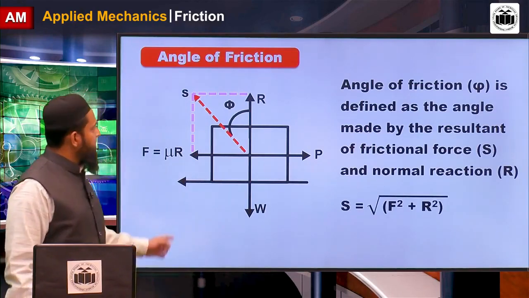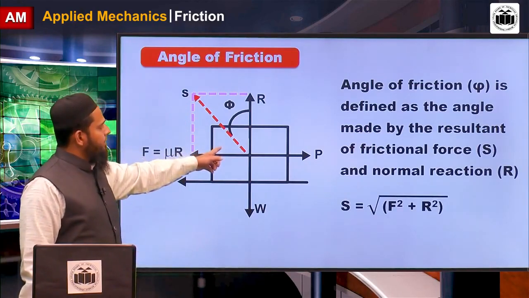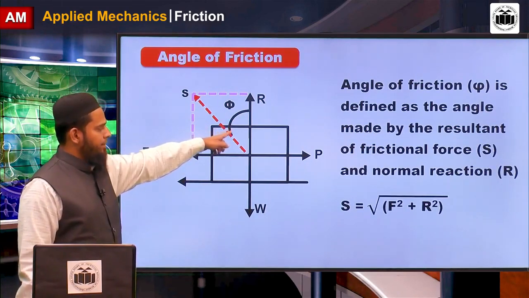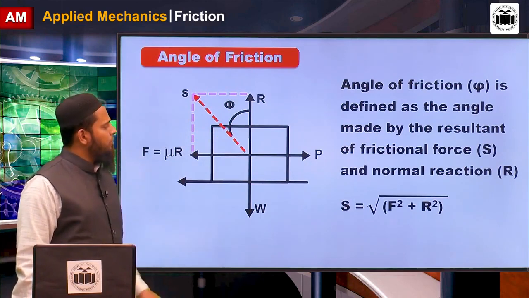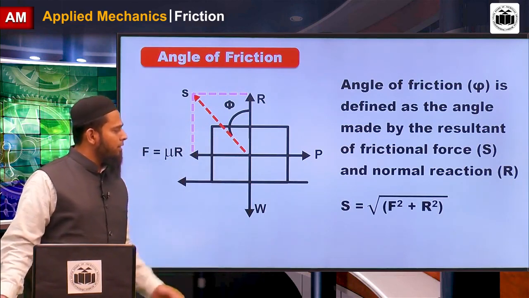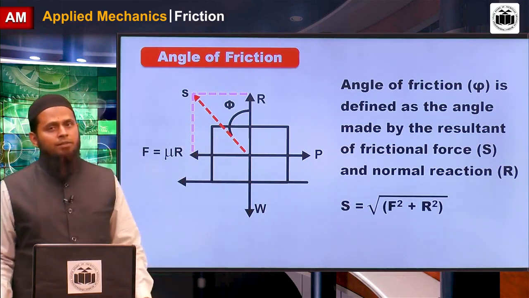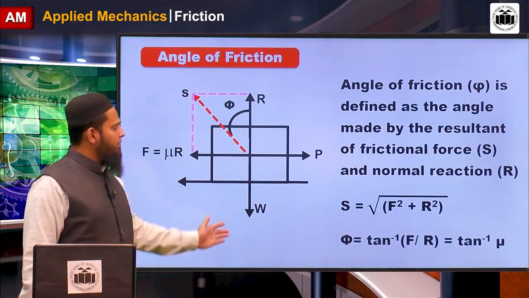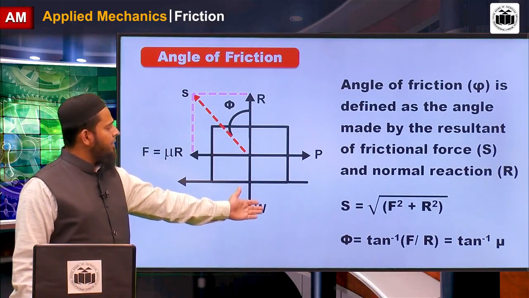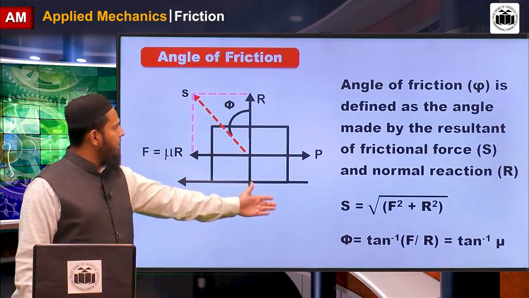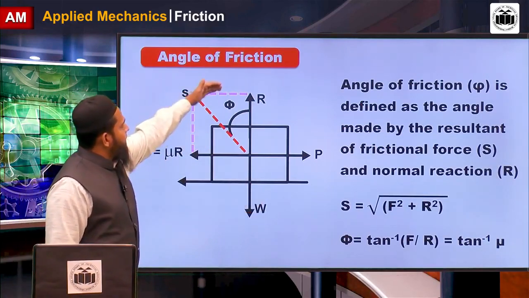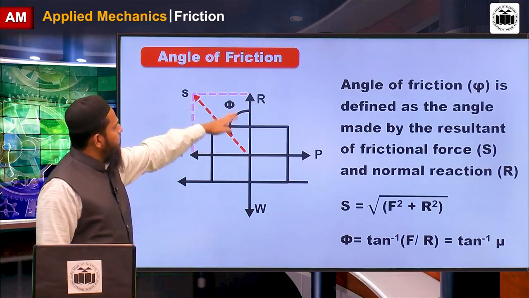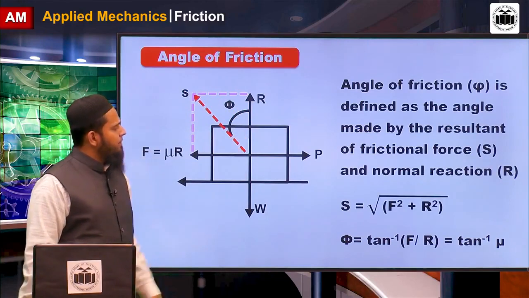Before that, how to calculate S? S is the resultant of frictional force and normal reaction. Now S is equal to square root of F square plus R square. It is nothing but the Pythagoras theorem. And the angle of friction is calculated by tan inverse F by R. This is F and this is R. Tan inverse means opposite side upon adjacent side.